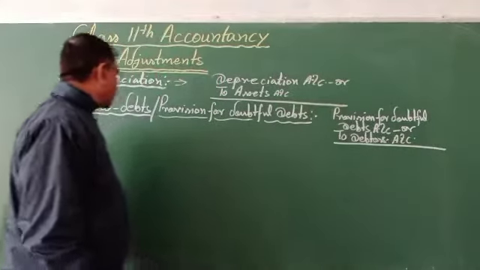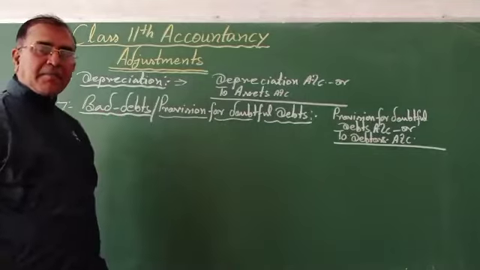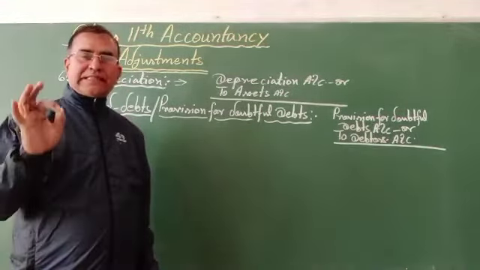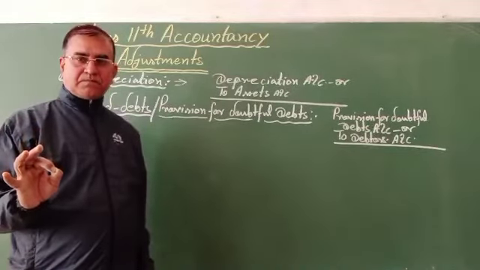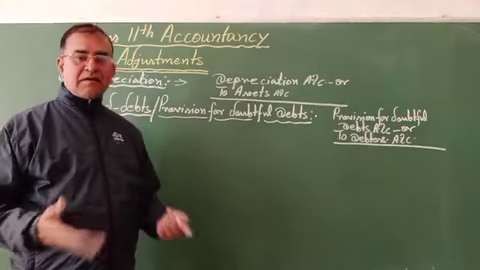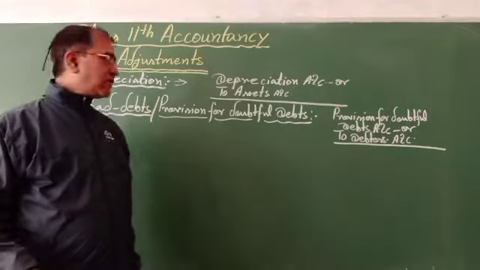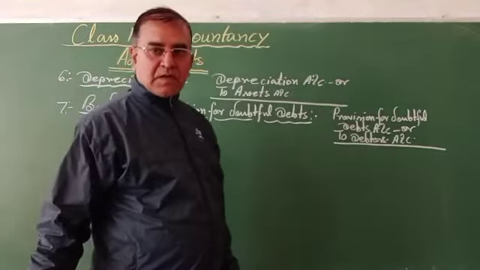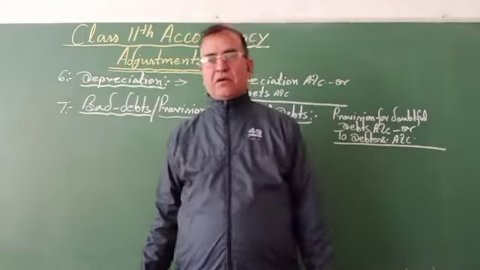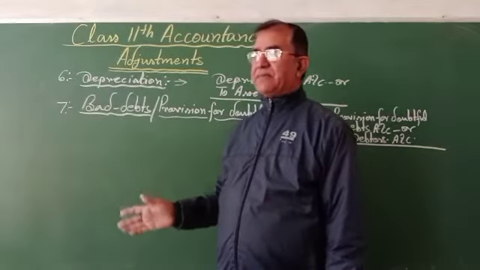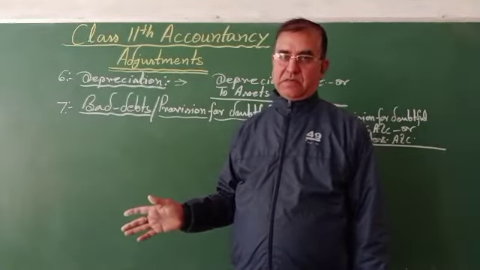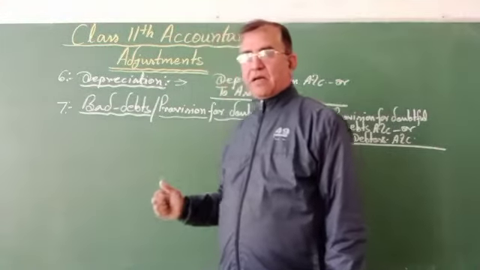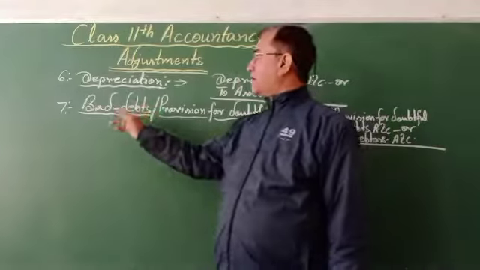Now, two words here: bad debts and provision for doubtful debts. The amount irrecoverable in future is called bad debts. This is a matter of dishonesty. A number of customers to whom the organization sells goods may be dishonest, and whatever amount is irrecoverable in the future, that is called bad debts.